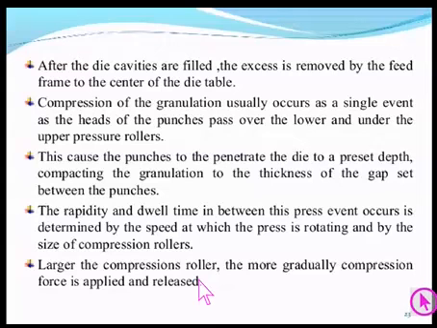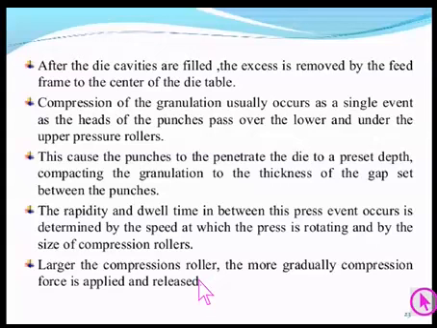Otherwise, if for just a very short period the compression rollers exert their pressure, that means the dwell time is short, and the compaction process would not complete, and the tablet that will be obtained at the end will not have the requisite hardness or mechanical strength. So it is very important to have the gradual compression.